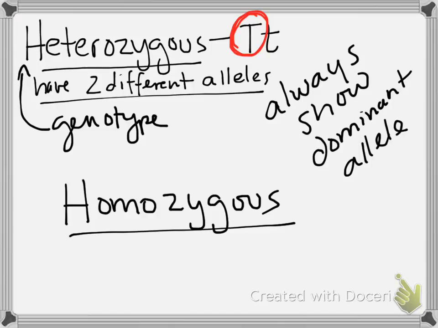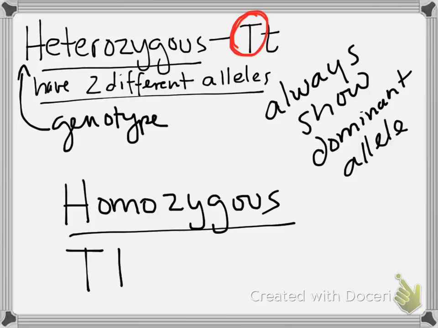Okay, so if hetero means different and heterozygous means you have two different alleles, what does homo mean? Same. So an individual that has a homozygous genotype, well, for this characteristic we're looking at, tail length, give me one of the possibilities for a homozygous genotype.